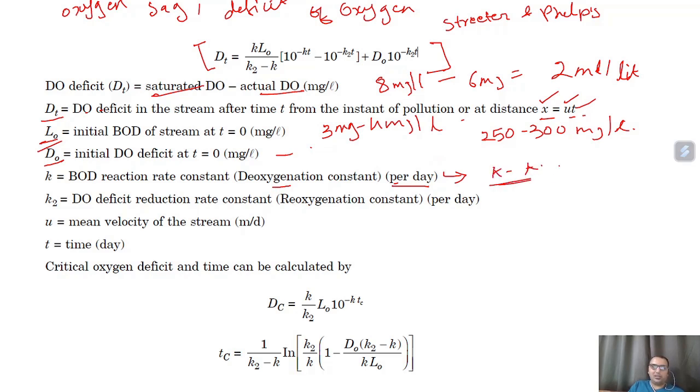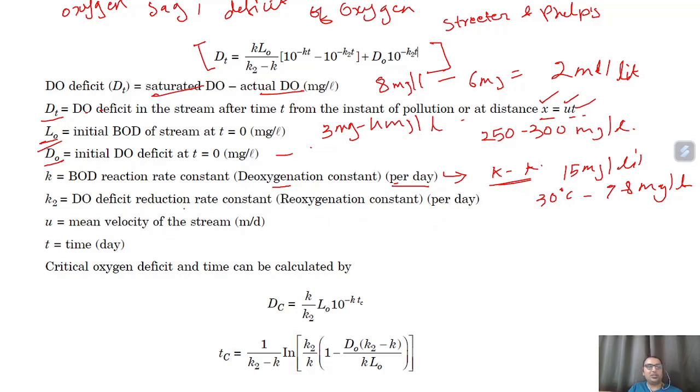The reason here is when the temperature is low, that is at around 0 degrees Celsius, the saturated DO, the maximum oxygen that can be dissolved, is around 15 milligram per liter. But when the temperature goes to say 30 degrees Celsius, the capacity of the river water to retain oxygen reduces, and it comes down to around 7 to 8 milligram per liter. So the deoxygenation constant also takes care of the temperature.